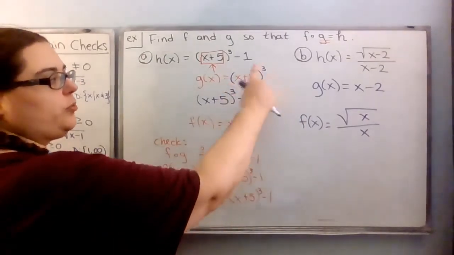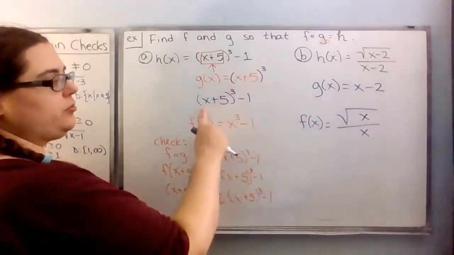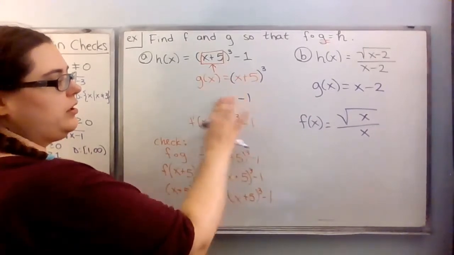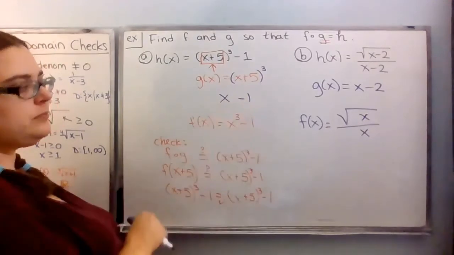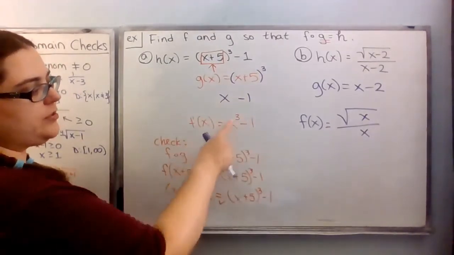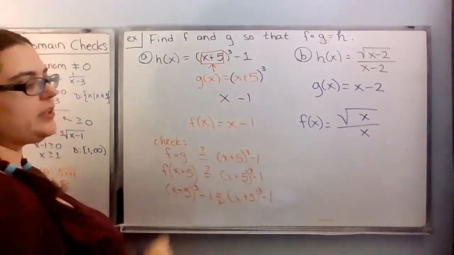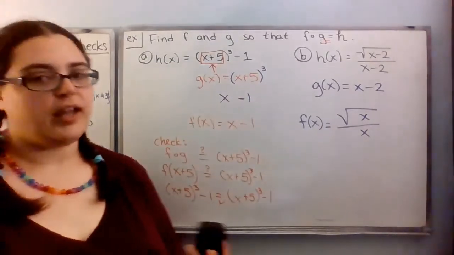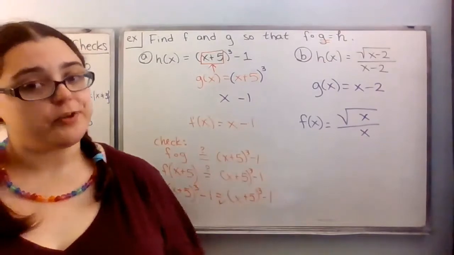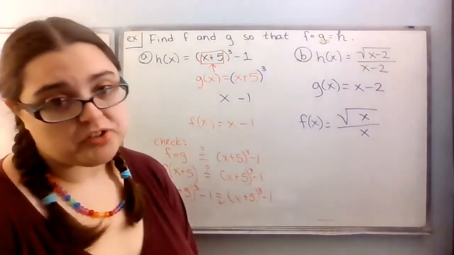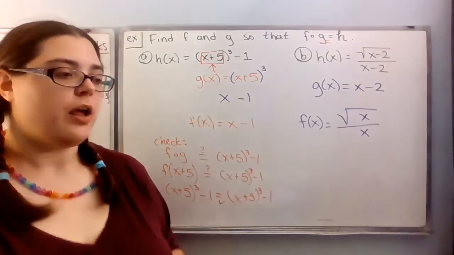And then I can replace x plus 5 cubed with just an x and get x minus 1. So my new f of x would be x minus 1. If you wanted to check, you'll find that this set of functions will also work. So there are often multiple correct answers for these.